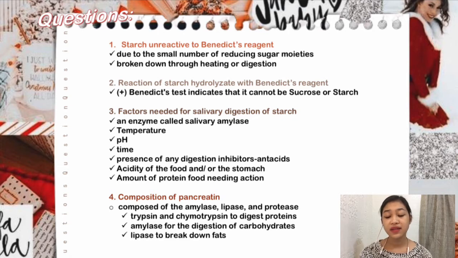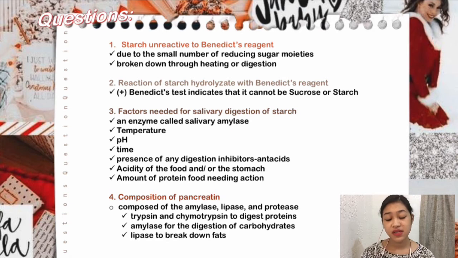The pancreatin contains the amylase for digestion of carbohydrates, lipase, which breaks down fats, and protease, chemicals that help to digest food. These chemicals are normally produced by the pancreas.